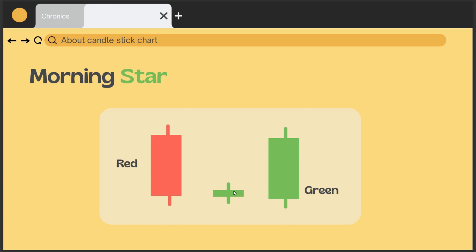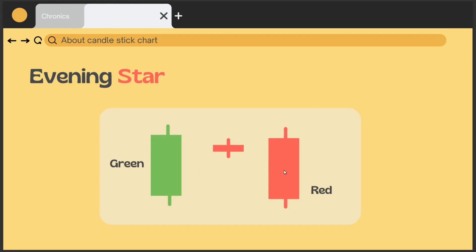If it's a green doji and there's a green candlestick, that is the bullish candlestick, that means the graph is going to increase. If you see my mouse, the graph will increase like this. It will keep on going until there's an evening star occurring in the graph. So that's how it works.